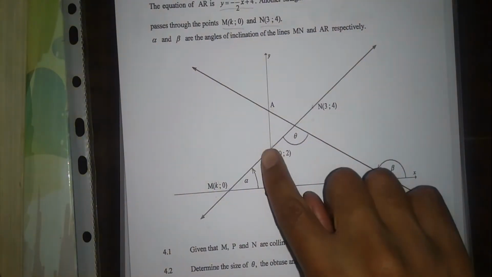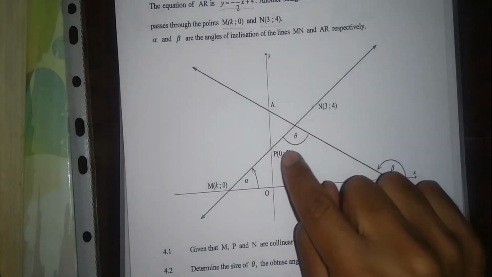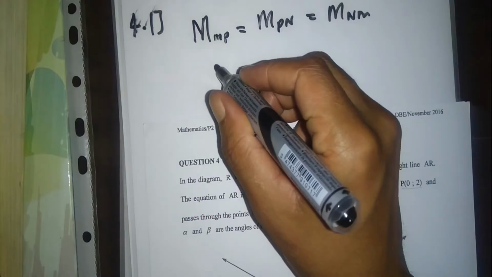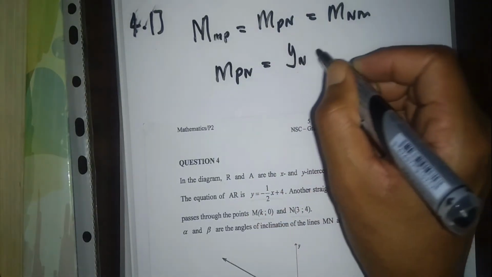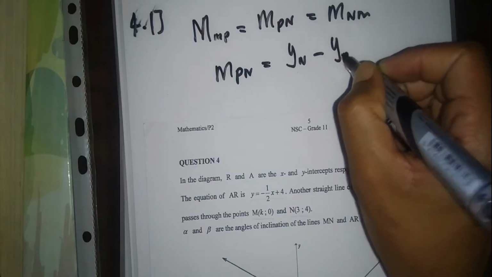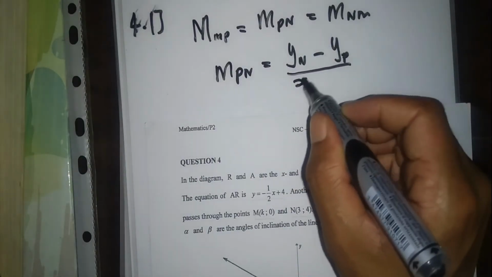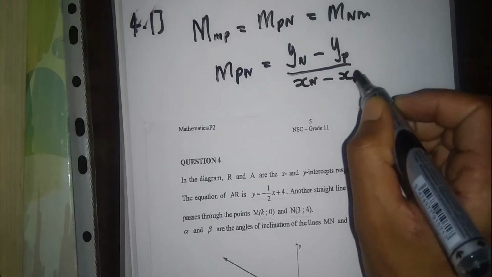The first gradient we are going to calculate is PN. So the gradient of PN is equal to yN minus yP over xN minus xP.